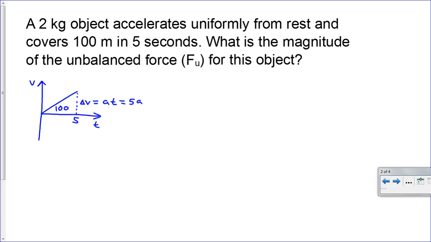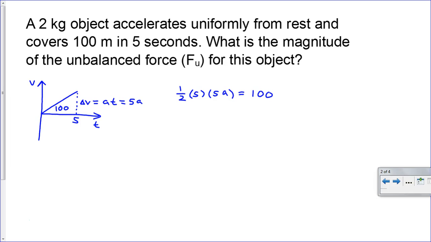And so we've now got both sides of the triangle, and this is a pretty slick way of doing this problem. We know that 1/2 times 5 times 5a, those are our 2 sides of our triangle, and we're finding the area here. Oops, that should be a lowercase a. We know that that equals 100.